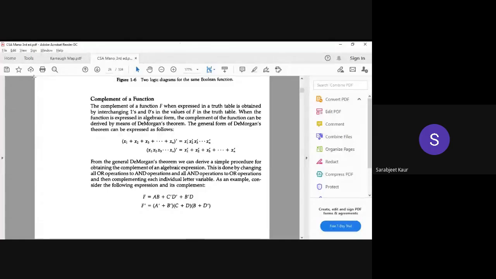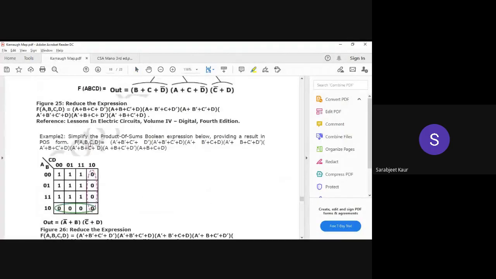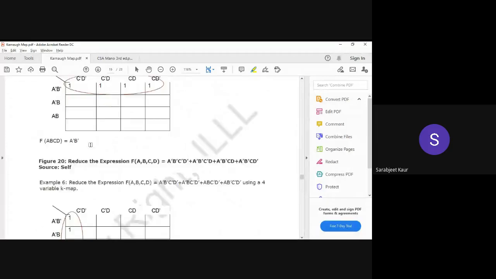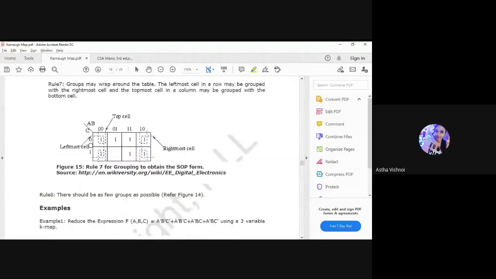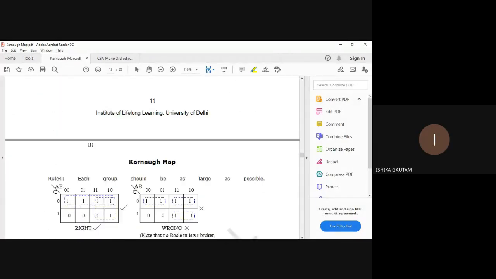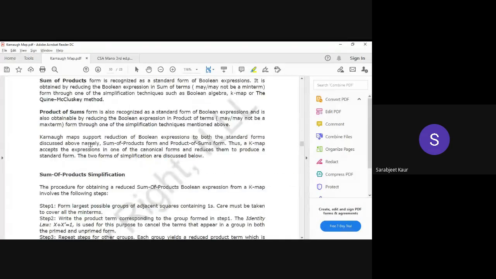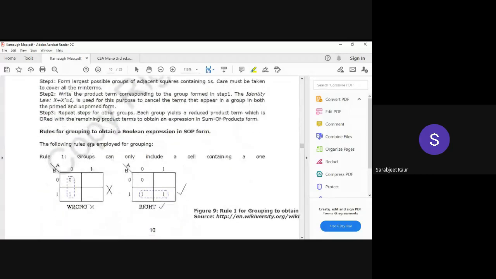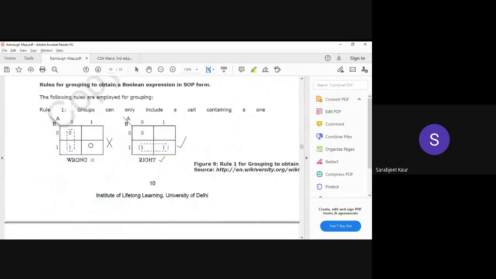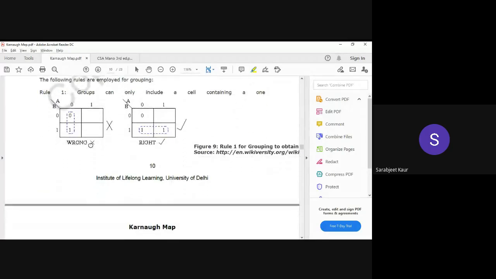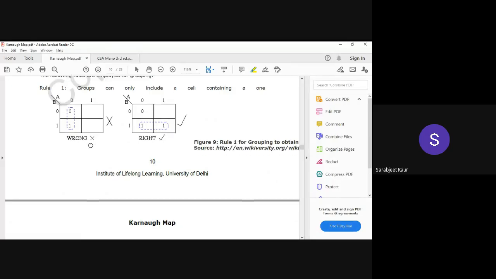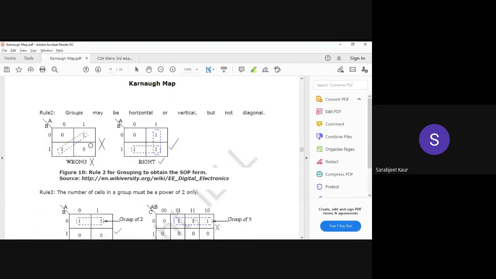Yeah, we had looked at the grouping procedure in a Karnaugh map, if you remember, from this PDF, right? And we had looked at the rules for obtaining the sum of products expression. And we had seen the rules that were right and that were wrong for grouping the ones.